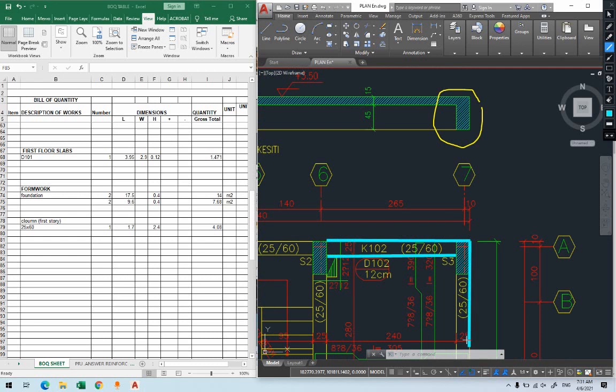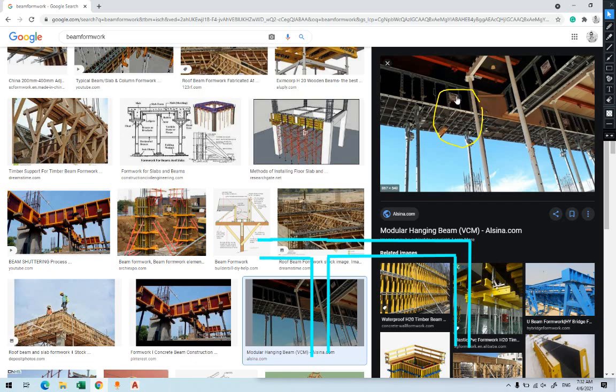It has to be like this, and the other one will be like this. This will continue in this manner. From here it will come like this. Look, what I'm doing is providing formwork around the side of the beams. Remember the side of the beams, we have it.